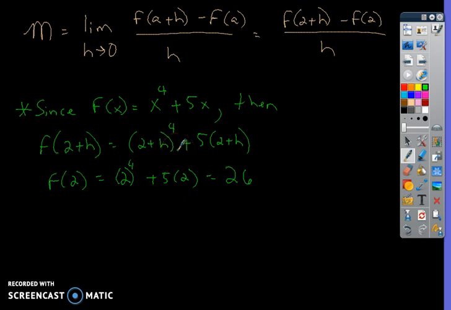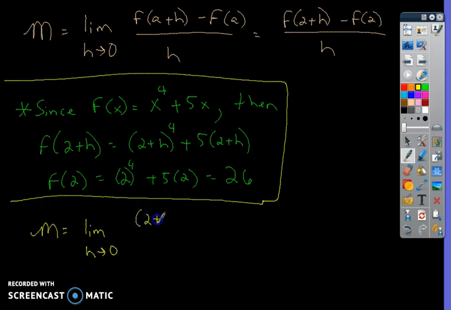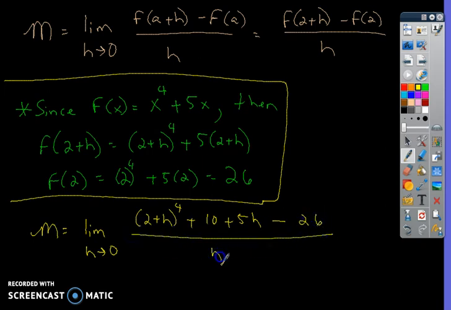So what we right now have is the numerator should be, let's write it, 2 plus h to the fourth plus 10 plus 5h, subtract f of 2, so that's 26. And that's going to be divided by h.